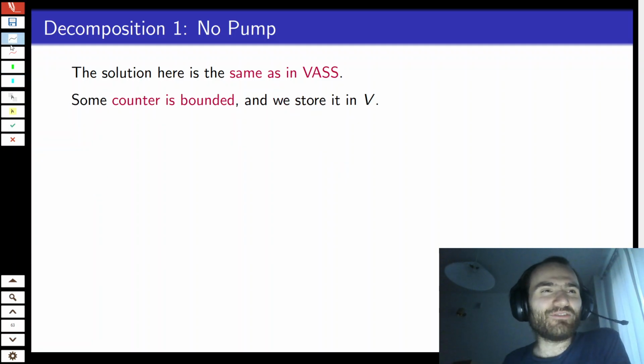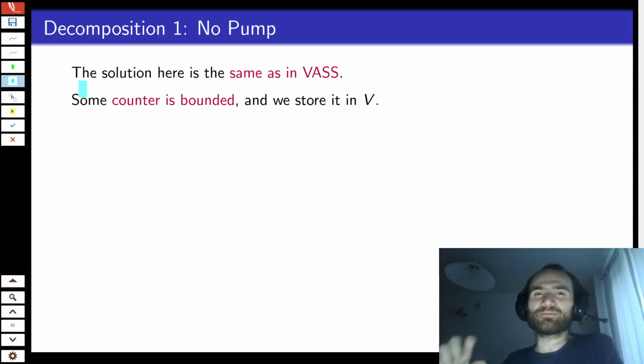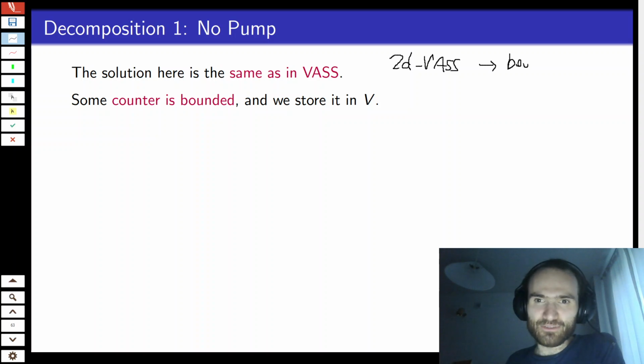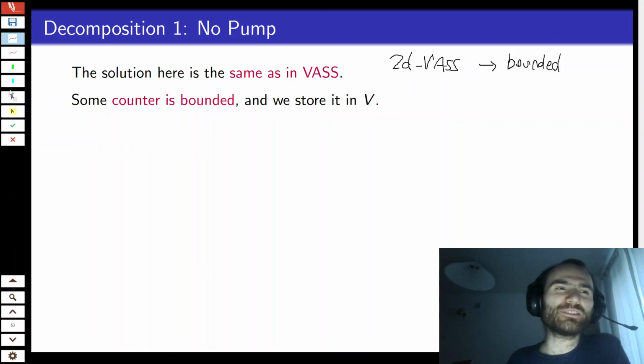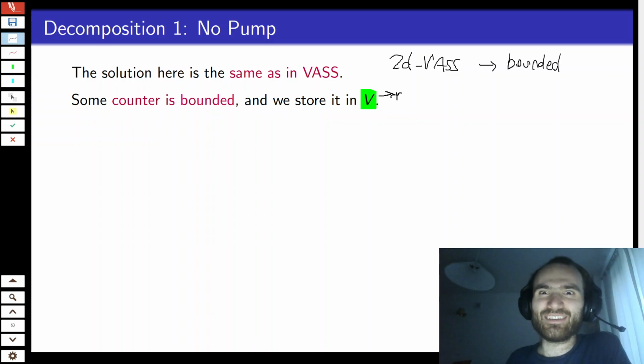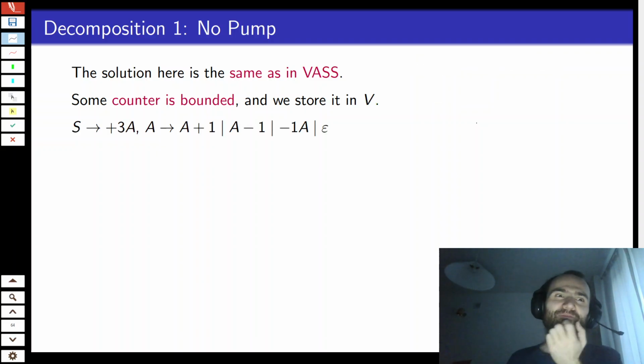The effect is that in the corresponding 2D VASS, some counter is bounded. Then this actually means that something is bounded in the GVAS. So we're going to store it in the non-terminal. V here means non-terminals, not VASS. V is the set of non-terminals.